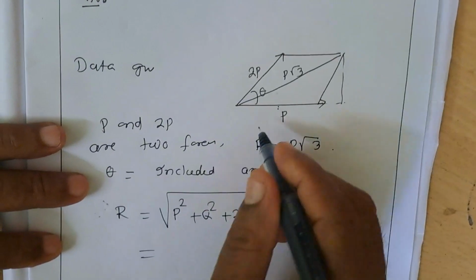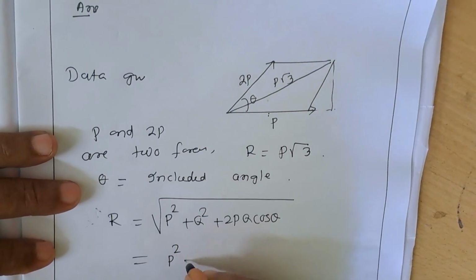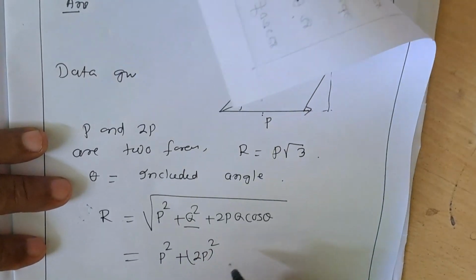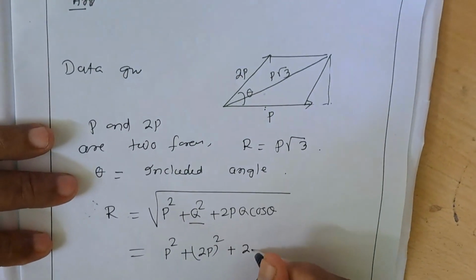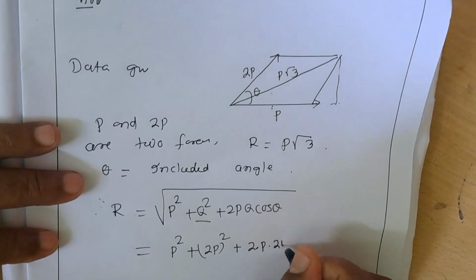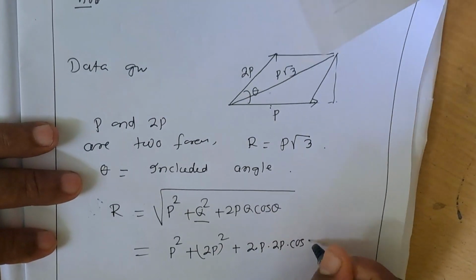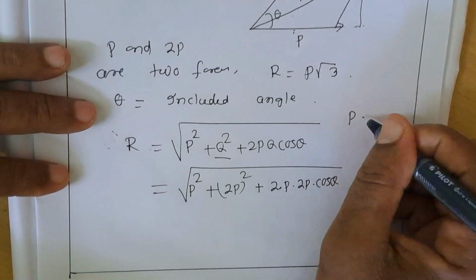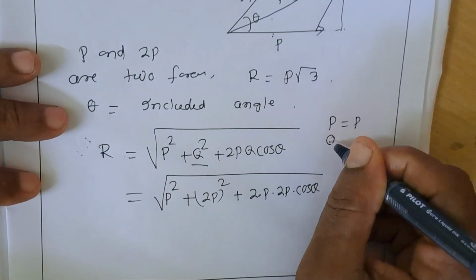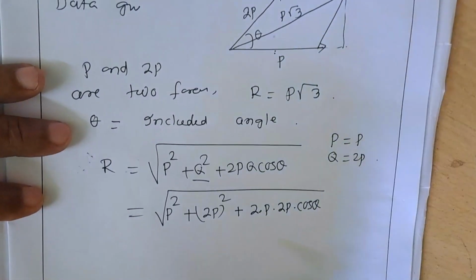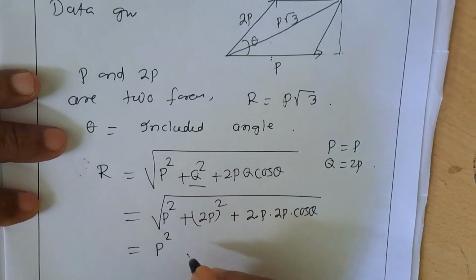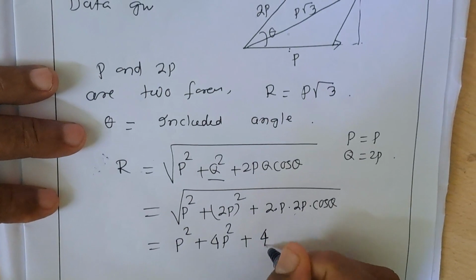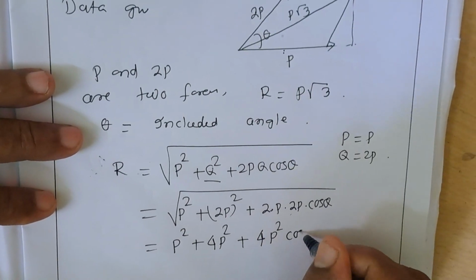Here P is equal to P, Q is equal to 2P, so R is equal to root over P square plus 4P square plus 4P square cos theta.